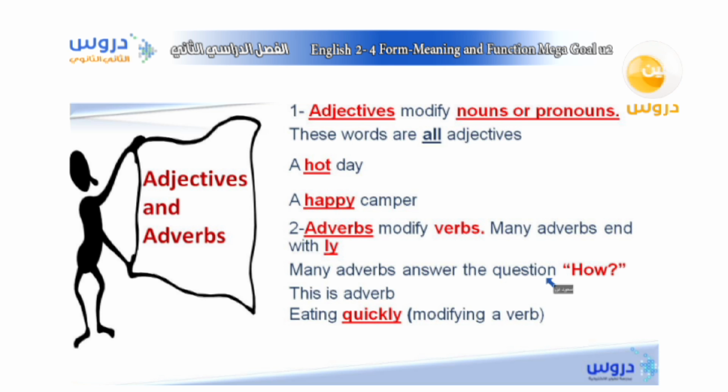Many adverbs answer the question how. We use how to get the answer by adverbs. So how did he play football, or how did he walk? He walked quickly. You're eating quickly. It modifies a verb.